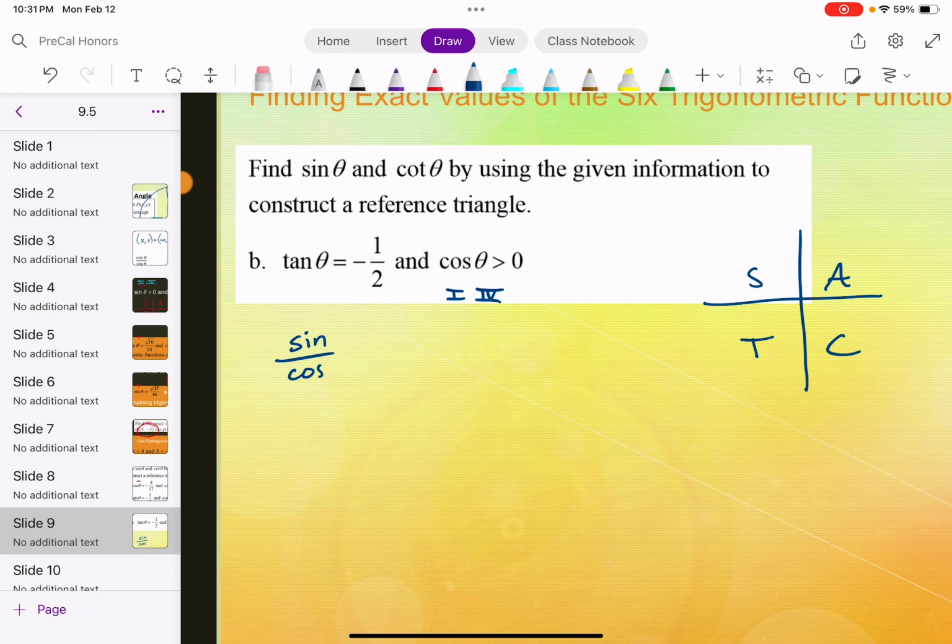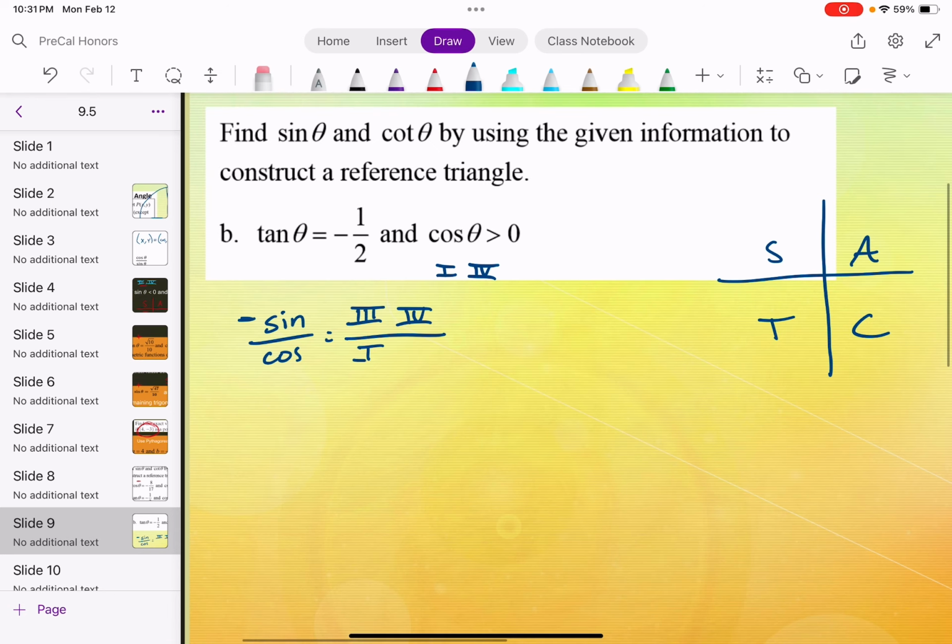Now, in this case, what would occur is, since sine is negative, the only place where sine can be negative would actually be quadrants 3 and 4. Cosine would be positive, which is 1 or 4. In this case, we are looking at quadrant 4.